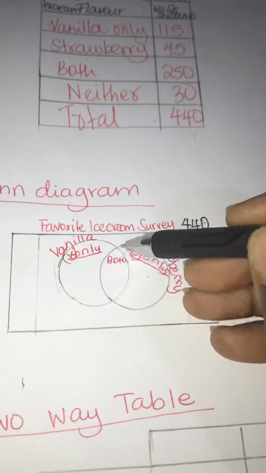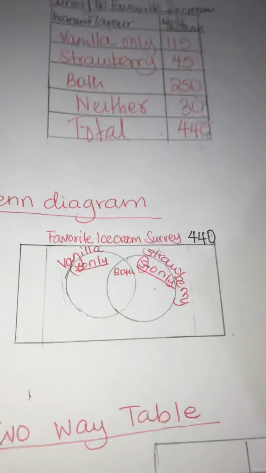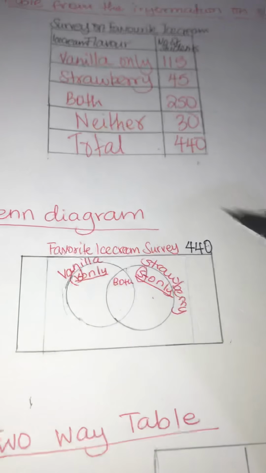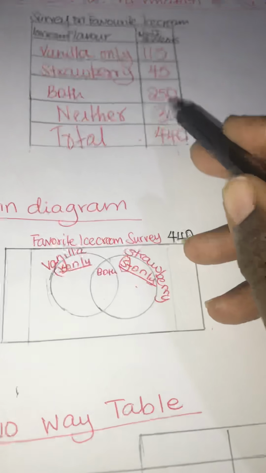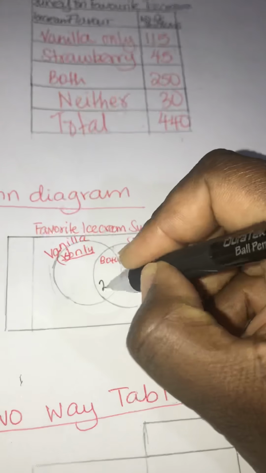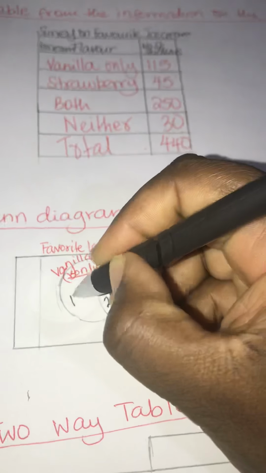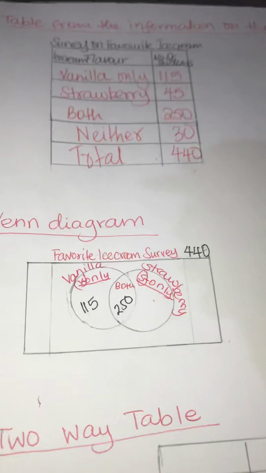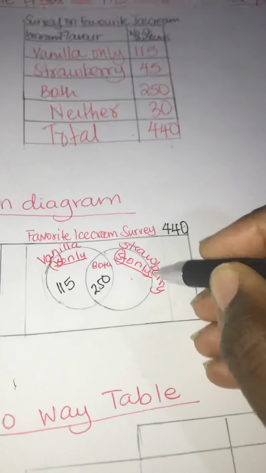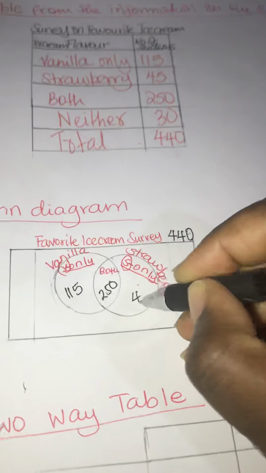This part here in the middle is what? Is those who like both. So those who like both, 250. Those who like vanilla only, 115. Those who like strawberry only, 45.